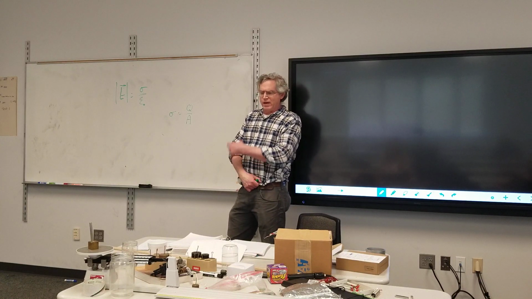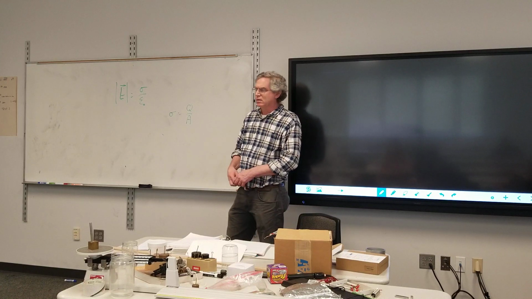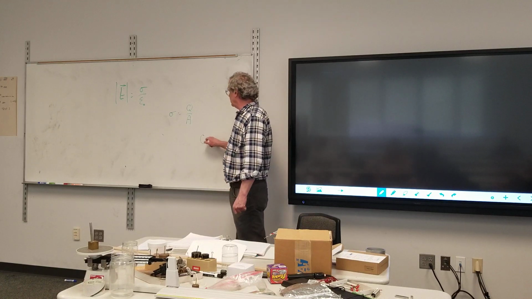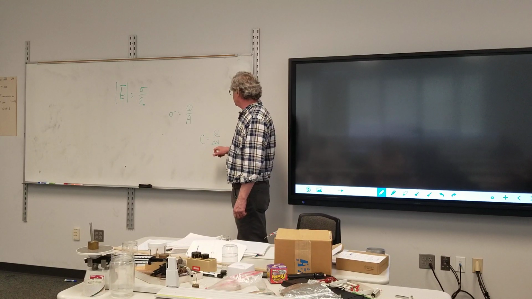Okay, how did you solve A? Because I found this as part of my solving for part A. For A, I started with C equals Q over V, and then that equals epsilon naught A over d.